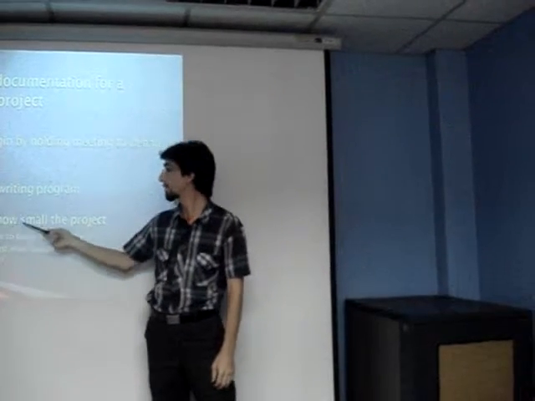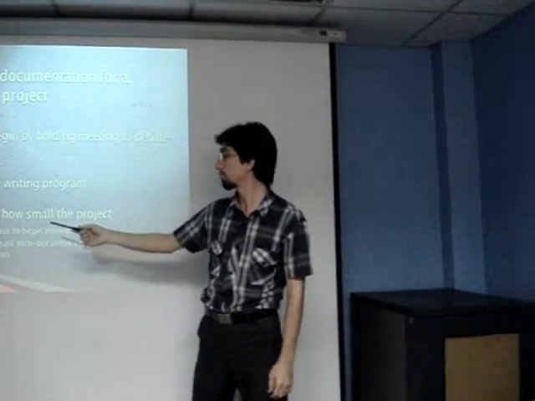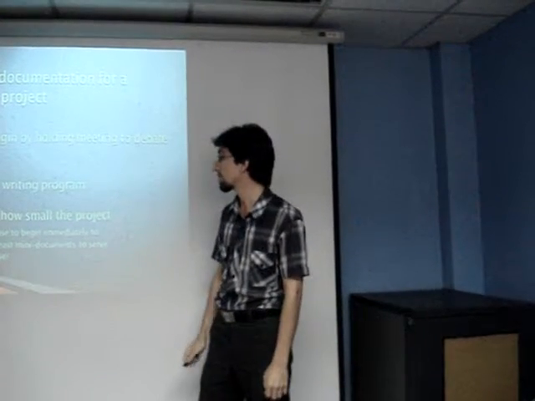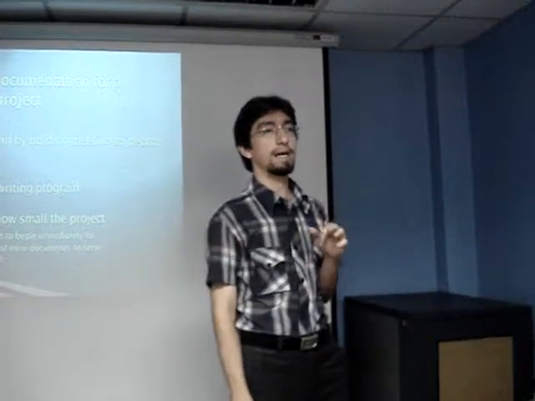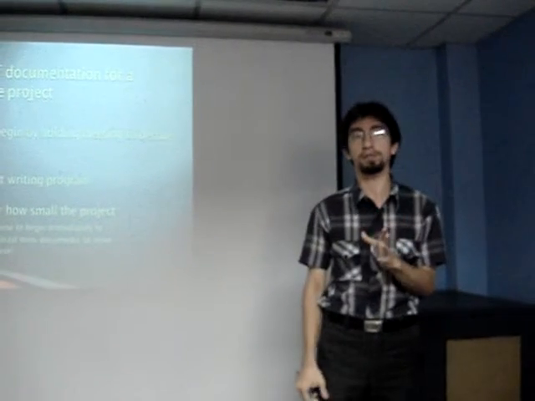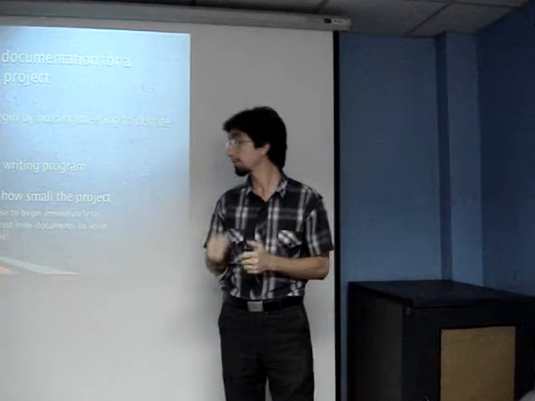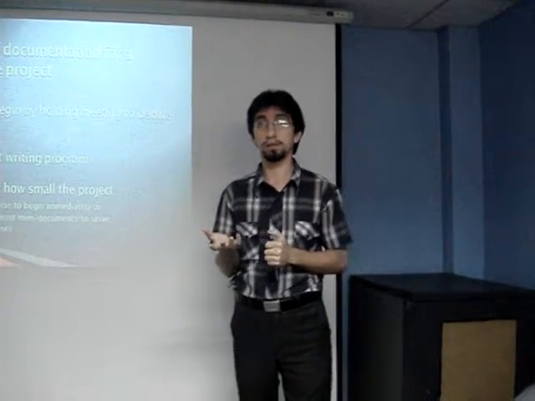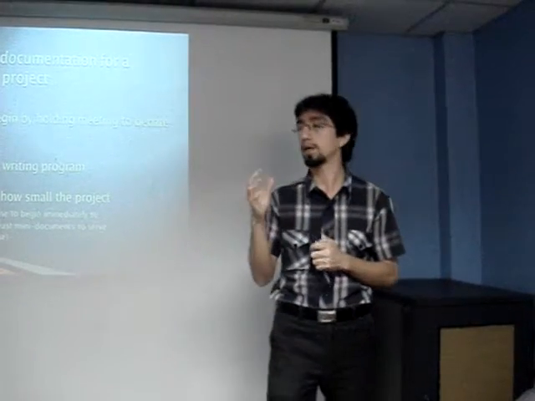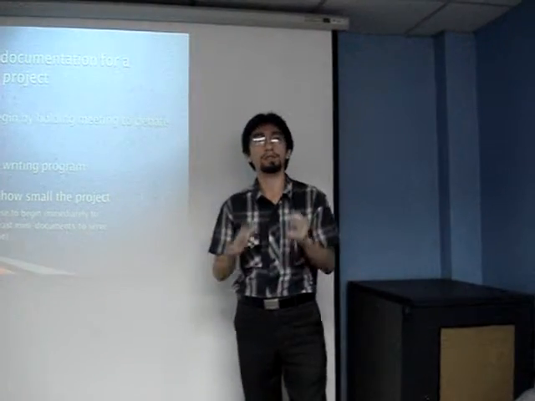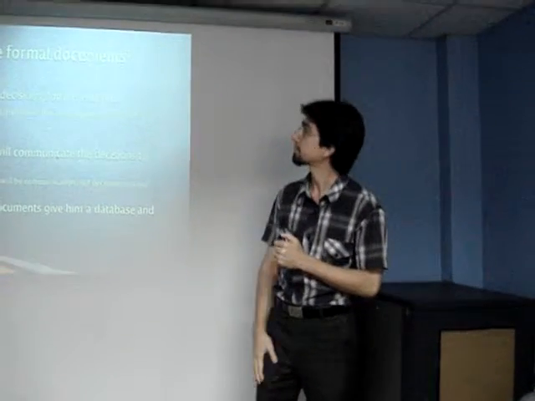And the last one is that no matter how small the project, the manager is wise to begin immediately to formalize at least mini documents to serve as his database. It's very important that the manager starts immediately with the documents, because if he writes and formalizes the documents, he can identify the difficulties, the changes and the needs in his project.